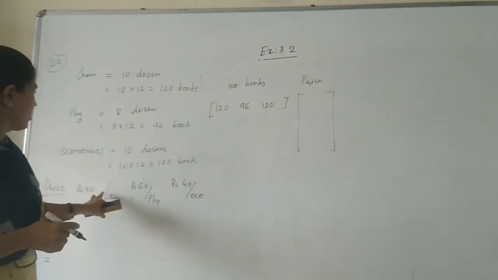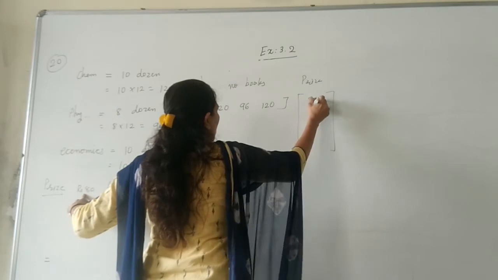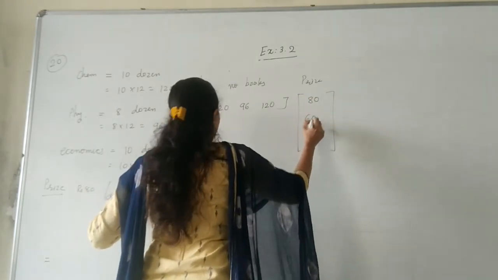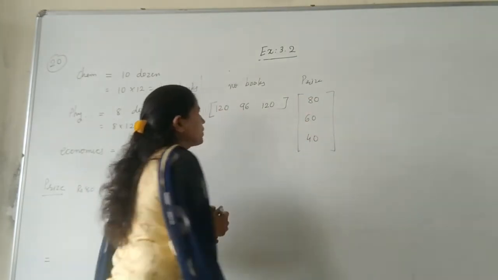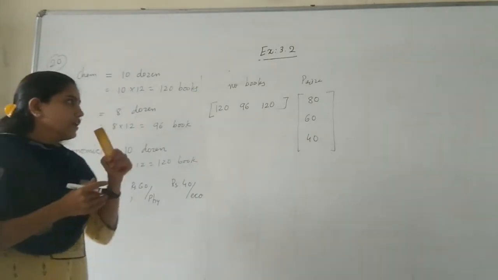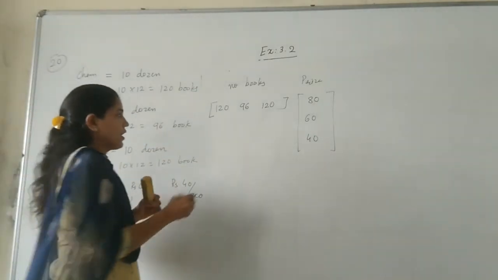And their price is also given: 80 rupees for a chemistry book, 60 rupees for a physics book, and 40 rupees for an economics book.